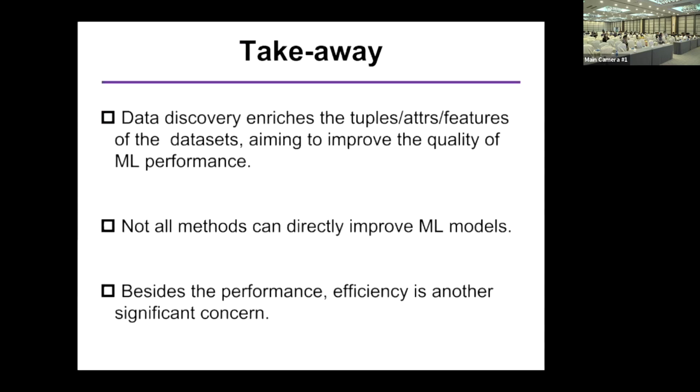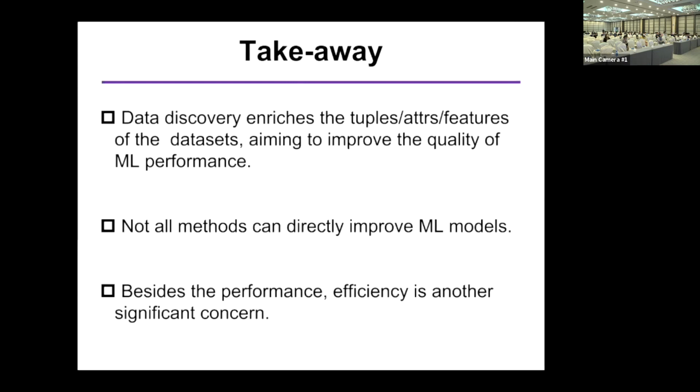So here is the takeaway of data discovery. Data discovery enriches the tuples, attributes, or features of the dataset, aiming to improve the quality of the machine learning performance. But not all methods can directly improve the machine learning models. These methods just consider enriching the dataset, discovering more tuples, more attributes, or whether the tables can be unioned or joined.